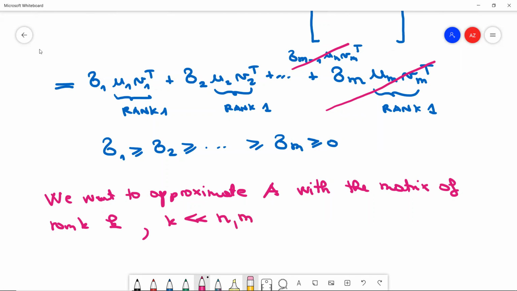We would like to approximate A as well as possible with some matrix of rank k.